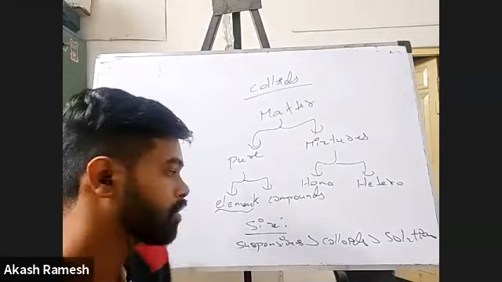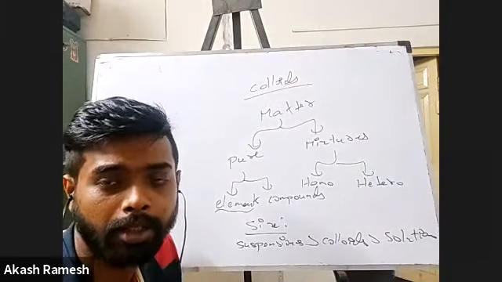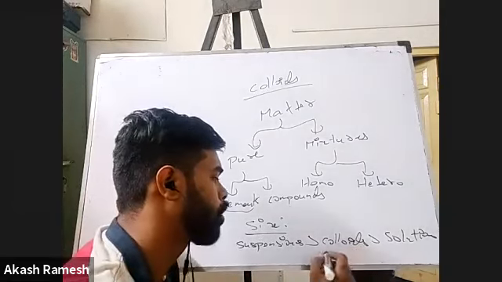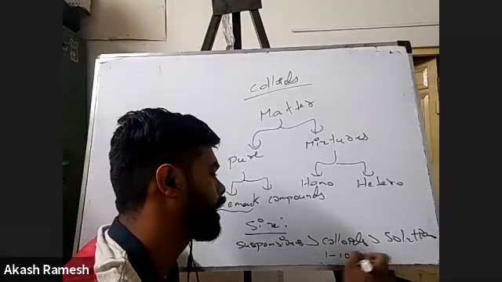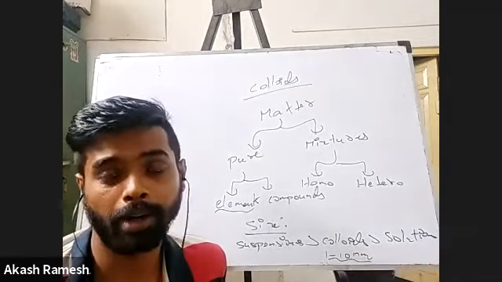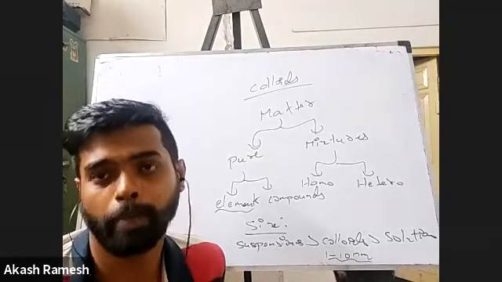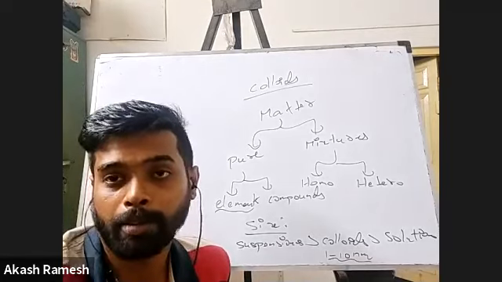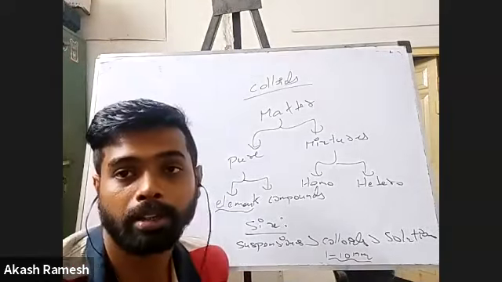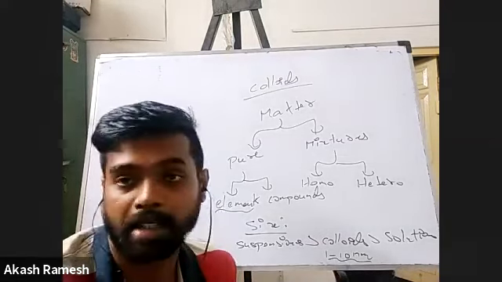Different books give different particle size ranges for these, but generally we say that for colloids it's between 1 to 10 nanometers. Whatever the book says, understand that it is in the nanometer range, 10 to the power minus 9 meters. So colloids are going to be in this particle size range.